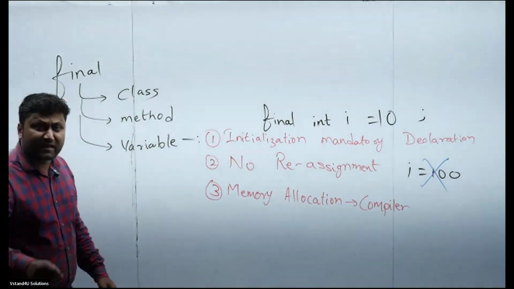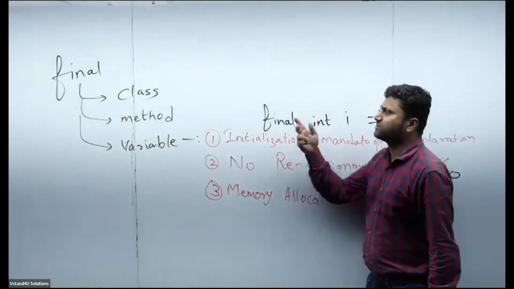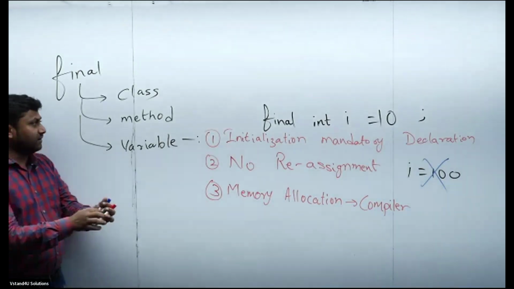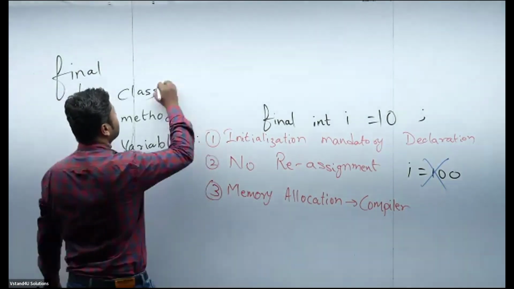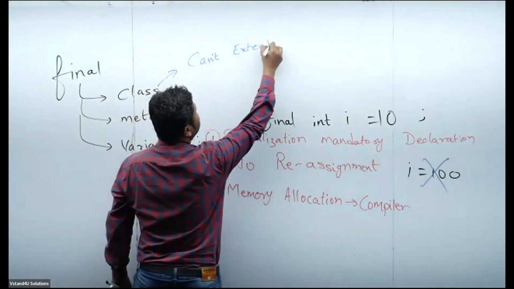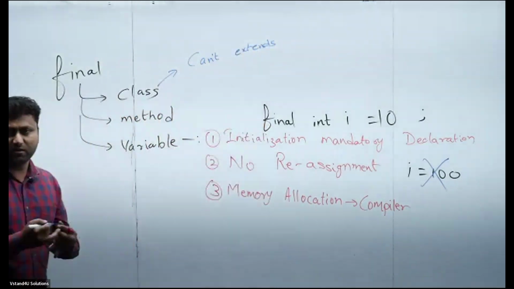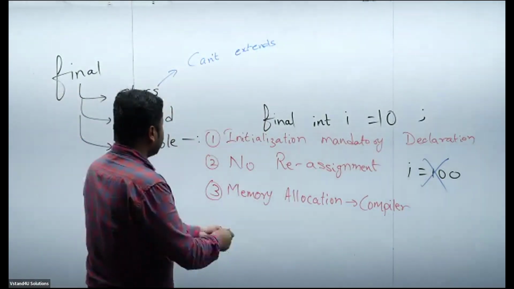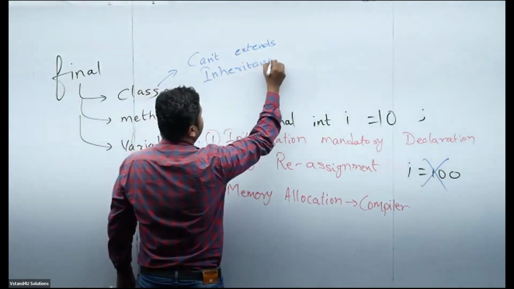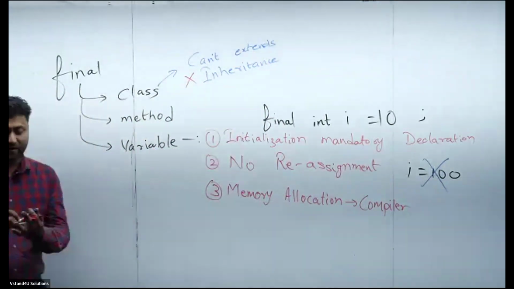Final is a keyword applicable on class, method, and variable. If a class is marked as final, it can't be extended further, with the extends keyword. That class cannot be inherited, so it loses the property of inheritance.